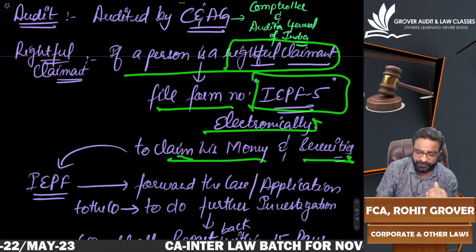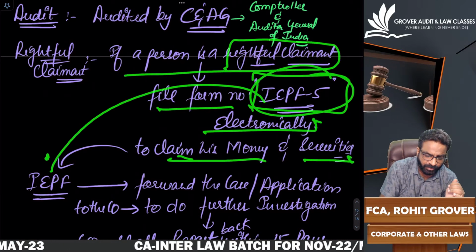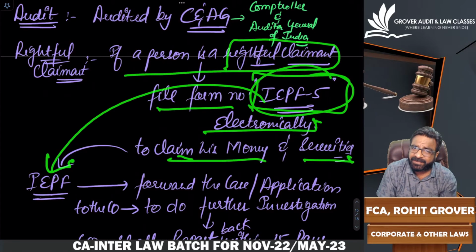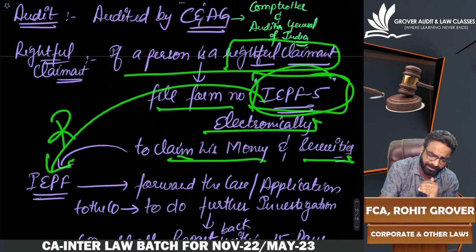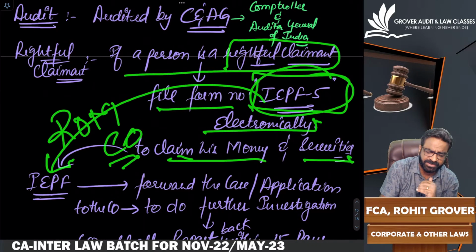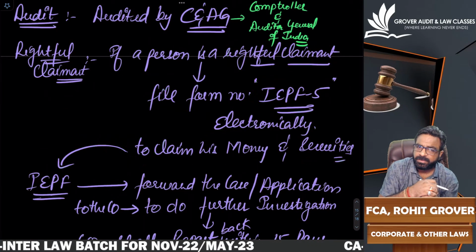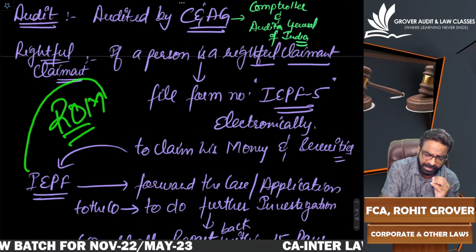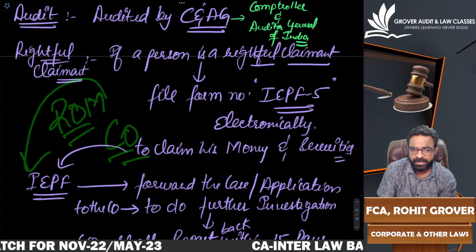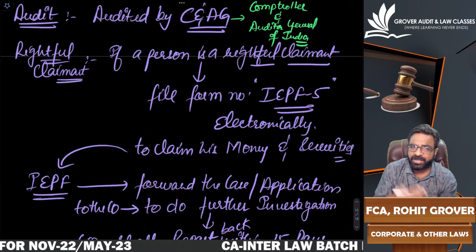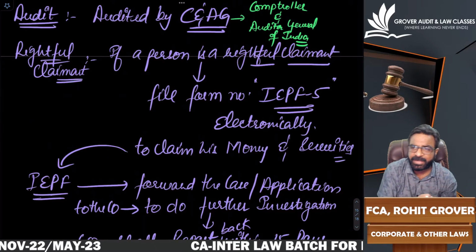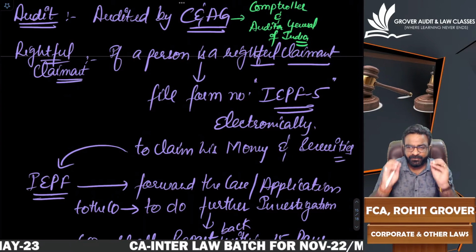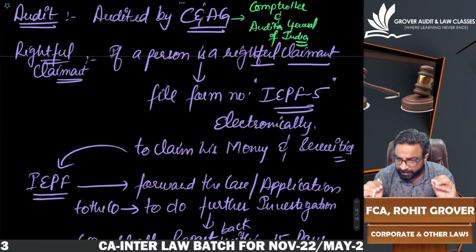Now, he filed IEPF 5 with whom? IEPF authority. But does the IEPF authority maintain the register of members or does the company maintain the register of members? Company. Who maintains the register of members? Company. So IEPF will come to know whether you are a rightful claimant or not, IEPF will tell the information of this rightful claimant to the company.